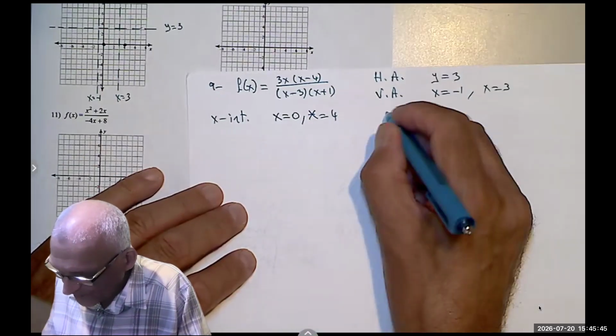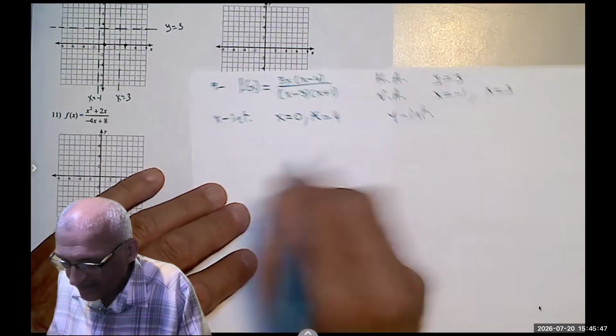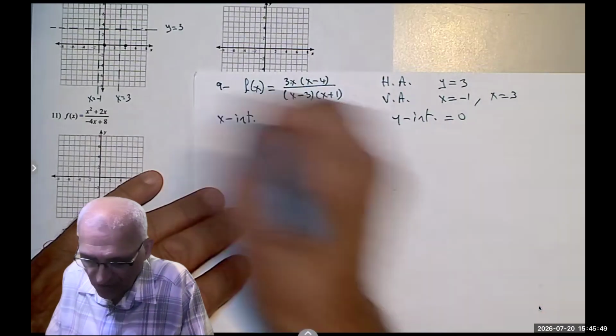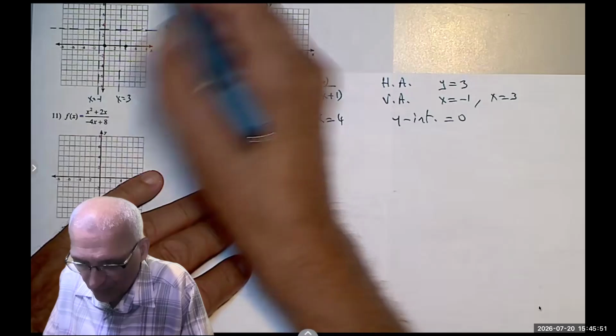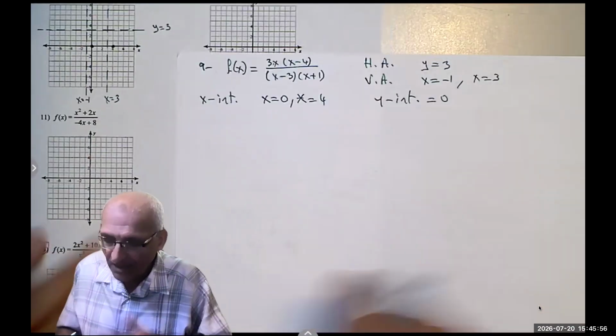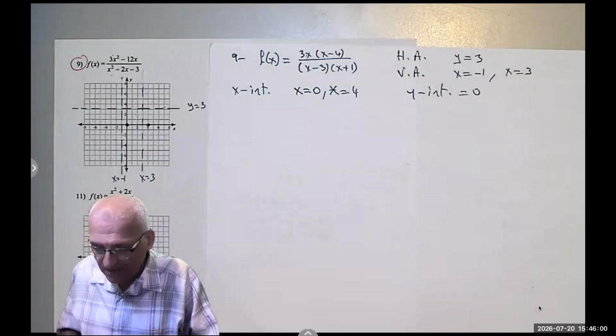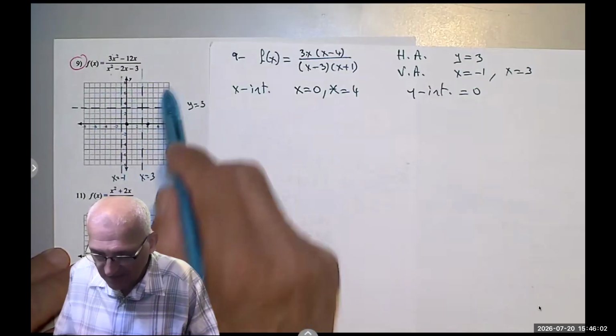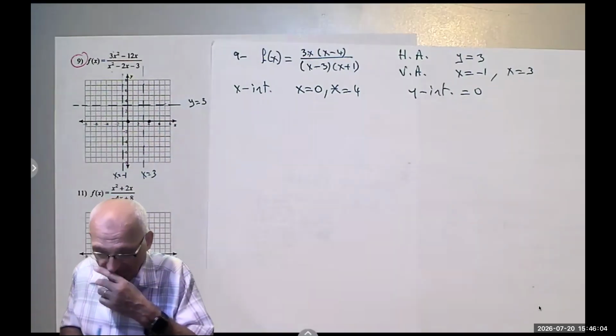Okay, how about the y-intercept? I set x equals 0, so I get 0. So it just crosses the y once at the origin. Now we need to know where, in which I have 6 areas. Where are my branches?